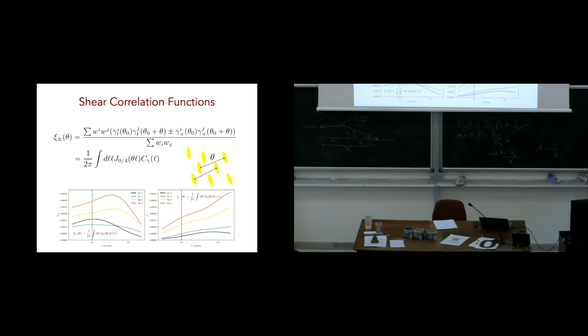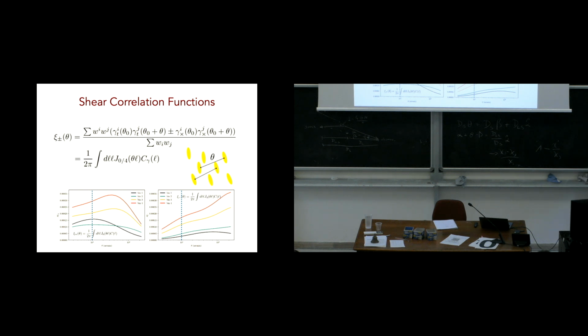And with that, we have a simple estimator for our shear correlation function. On the theoretical side, then, psi plus and minus are related to our shear or convergence angular power spectrum with a simple Hankel transform. And the psi plus and psi minus then just have J0 or J4 as the radial kernels, because those are different derivatives.